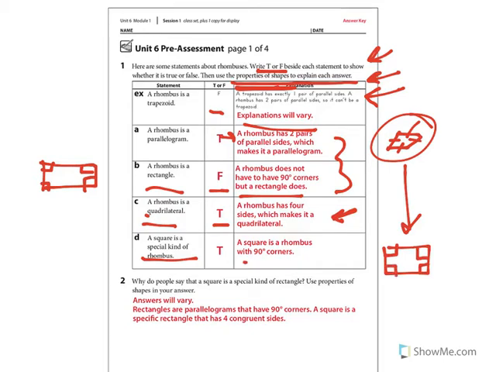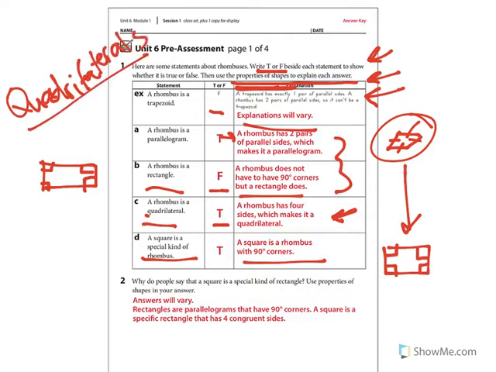So, indeed, a square is a rhombus with 90-degree corners. All right, if you're unsure about any of these, go back and review the quadrilateral hierarchy. You will need to know all about quadrilaterals tomorrow for your test, okay? So make sure that you know your quadrilaterals.